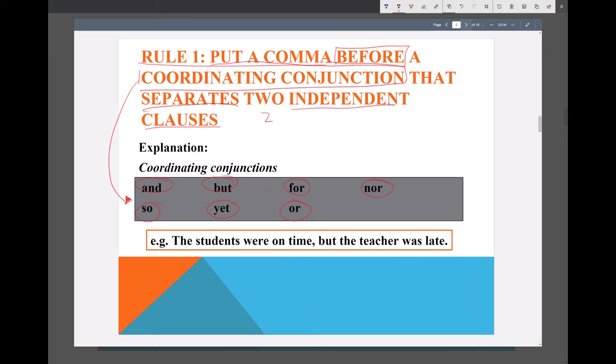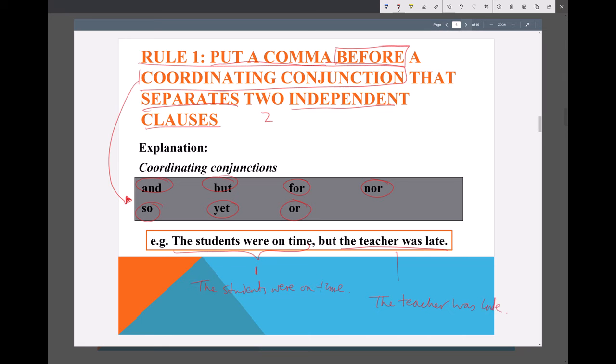And the clauses are right here. So we have one independent clause right here. The students were on time. So this could be one sentence. And then here we have the other one. The teacher was late.